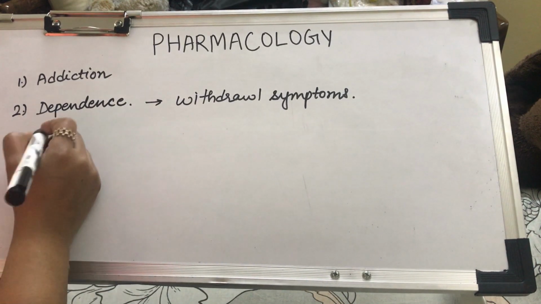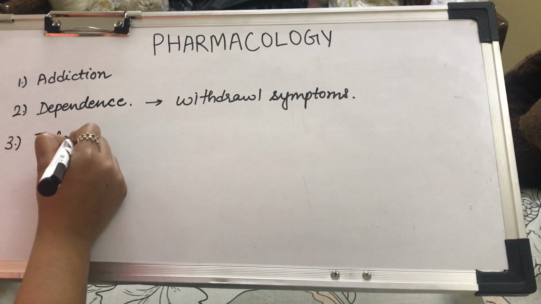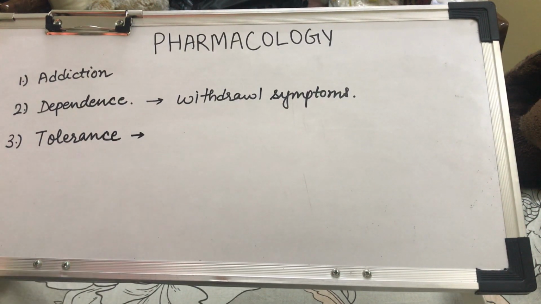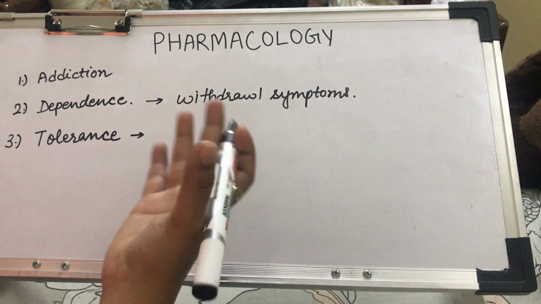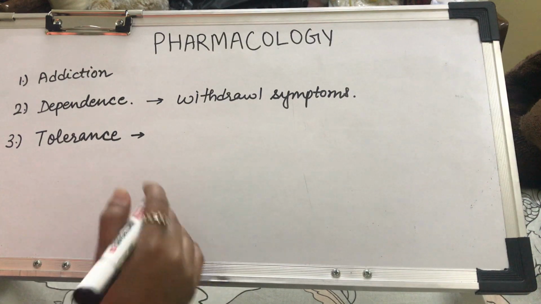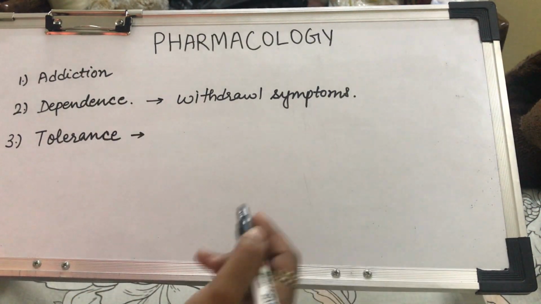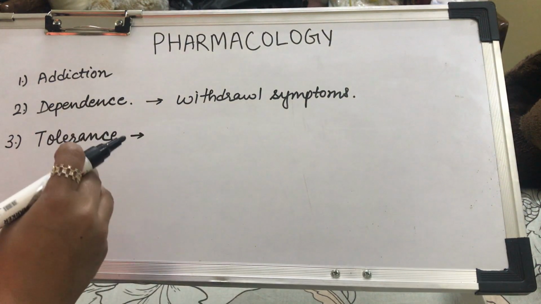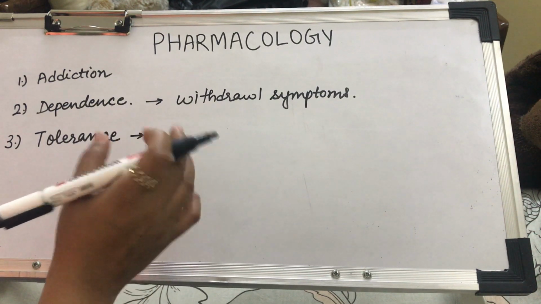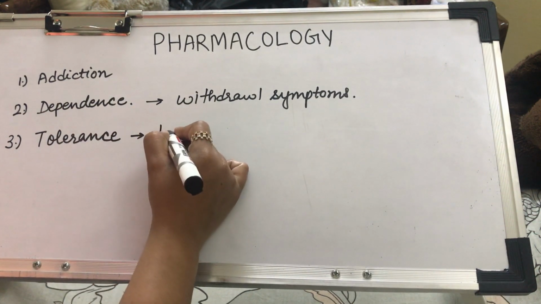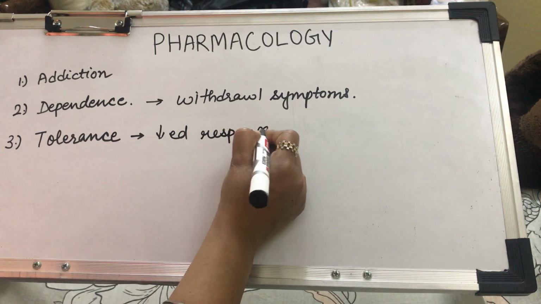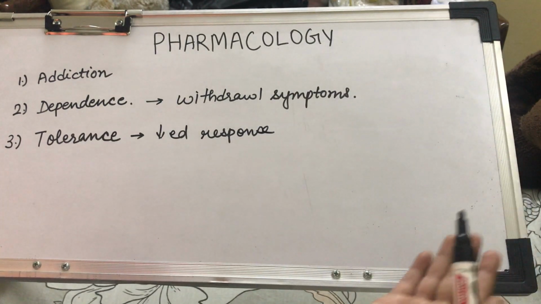The third term is tolerance. Now, what is tolerance? When you are repeatedly taking a drug regularly, then the response to that particular concentration of the drug is reduced. There is a diminished or reduced response to a drug as a result of repeated doses.